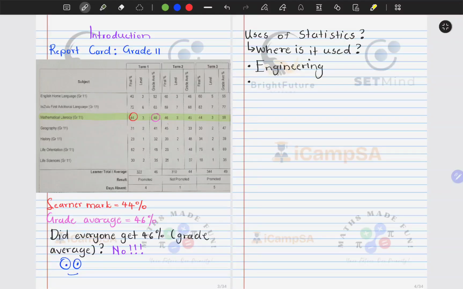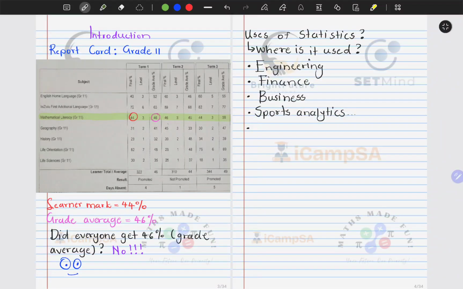It is also used in finance when people want to make projections, so statistics from previous data is very useful. It is also useful in businesses. You'll also see that even in sports analytics, they use statistics to look at a team and how it has been performing, and therefore how it is more likely to perform in certain games.